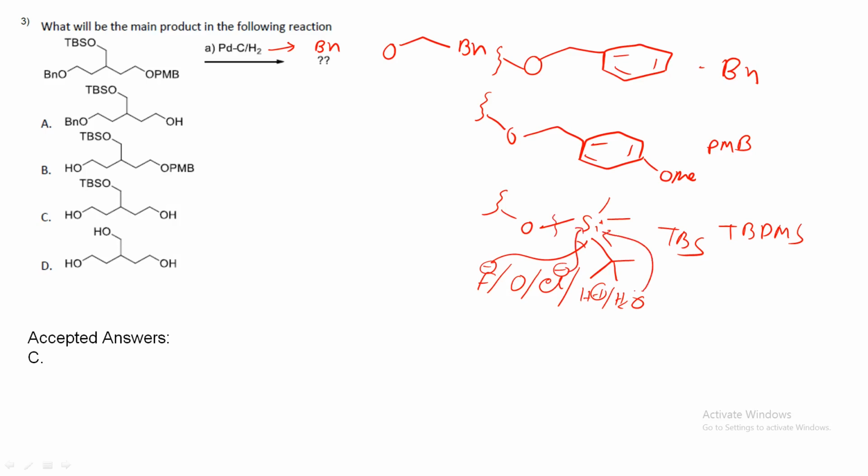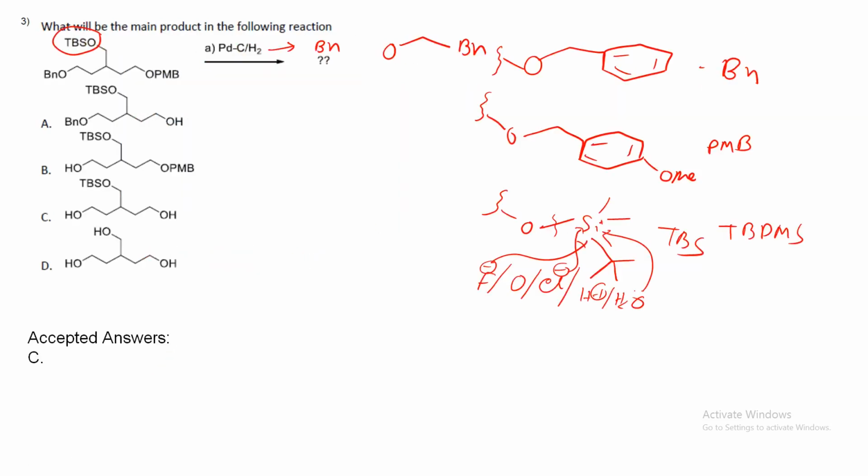That's how it can be broken. But in this particular condition, none of them are there. So this OTBS group would remain, it cannot be deprotected in this type of reaction condition.